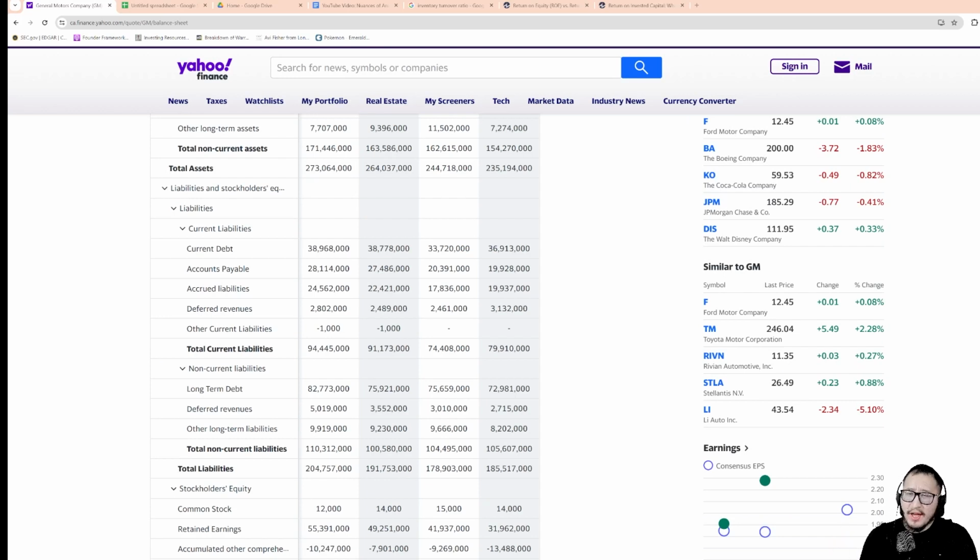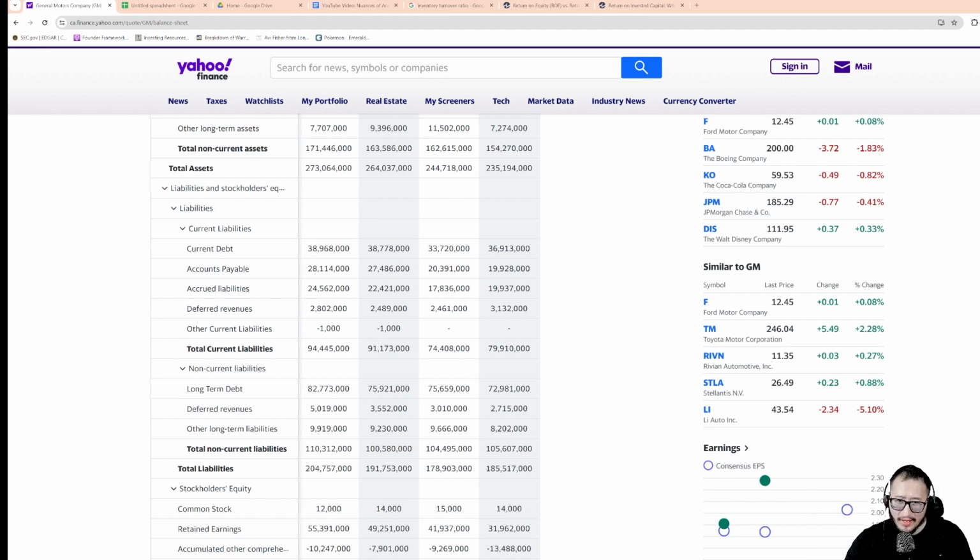With long-term debt, the two most important things to find out are, number one, what the interest rate on the debt is, and the second important thing to look at is when that long-term debt is due. Generally, if you're investing in a business, you want the interest rate to be as low as possible and be due in as much time in the future as possible.